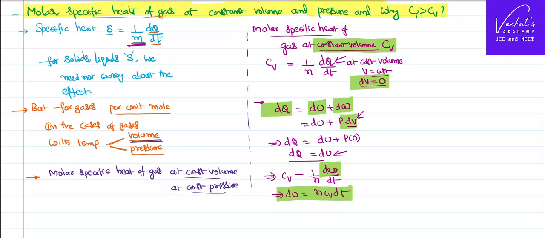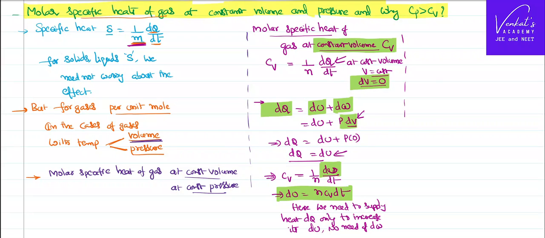We don't need to do any external work. So we need to supply heat for 1 mole of the gas only to increase its internal energy, no need of dW. That is Cv.